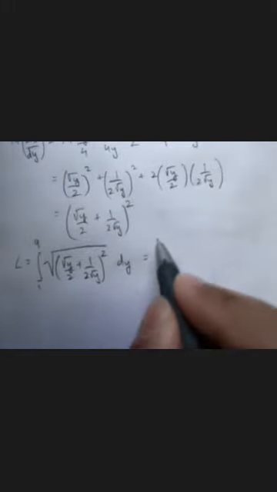Now this perfect square will cancel out the square root. Now this antiderivative again we can do using power rule.